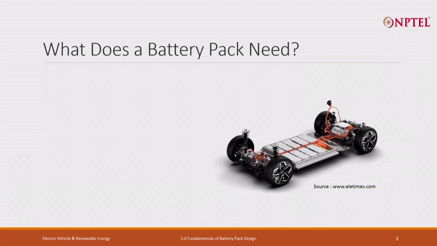So, what does a battery pack need? What you see on the right side is a BIW, body in white, of a vehicle, or rather I should not even say BIW, it is basically the chassis of the electric vehicle.